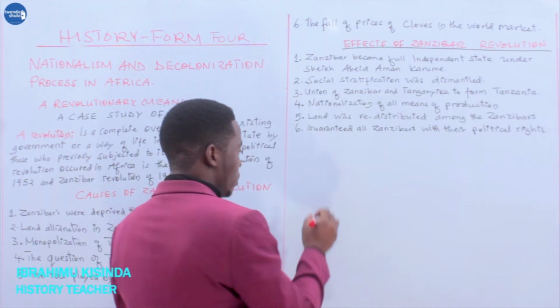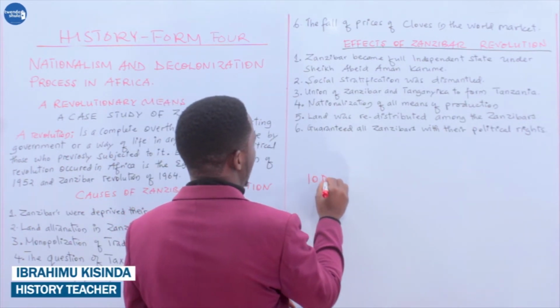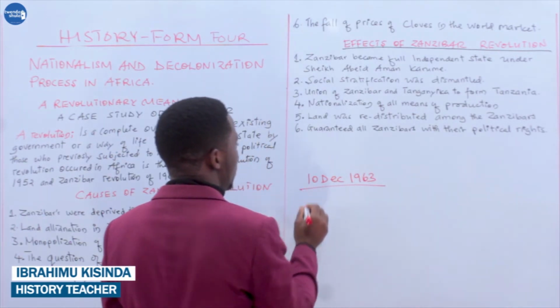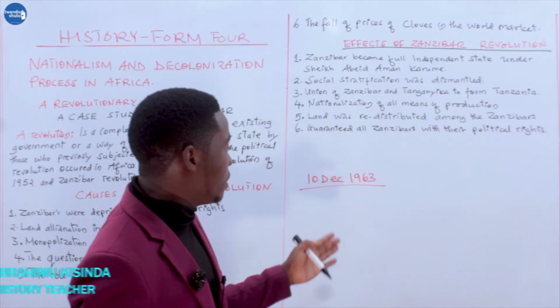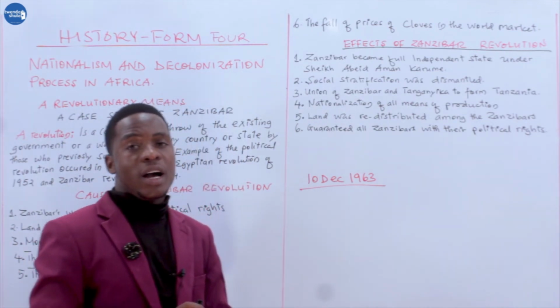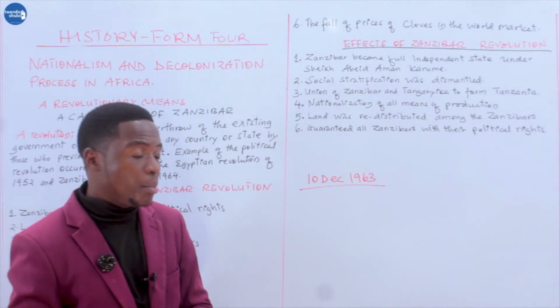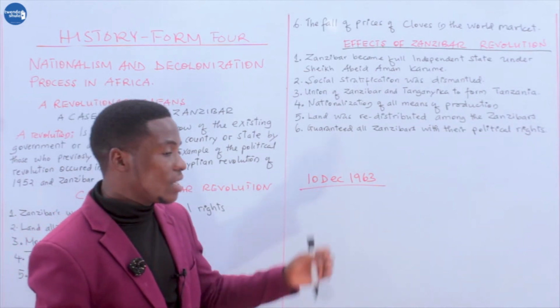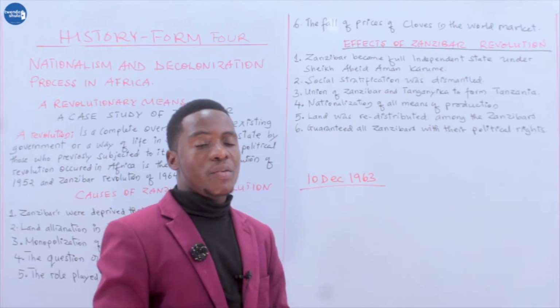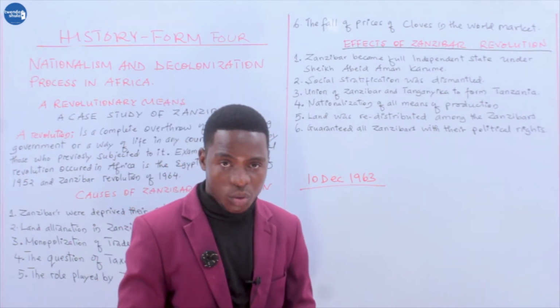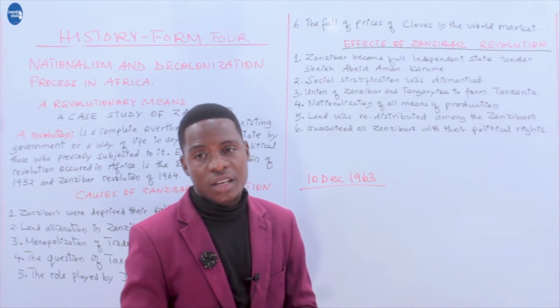On the 10th of December 1963, the British granted independence to Zanzibar. So we can say Zanzibar got its independence on the 10th of December 1963, though the Arabs were still controlling the social, political and economic affairs.